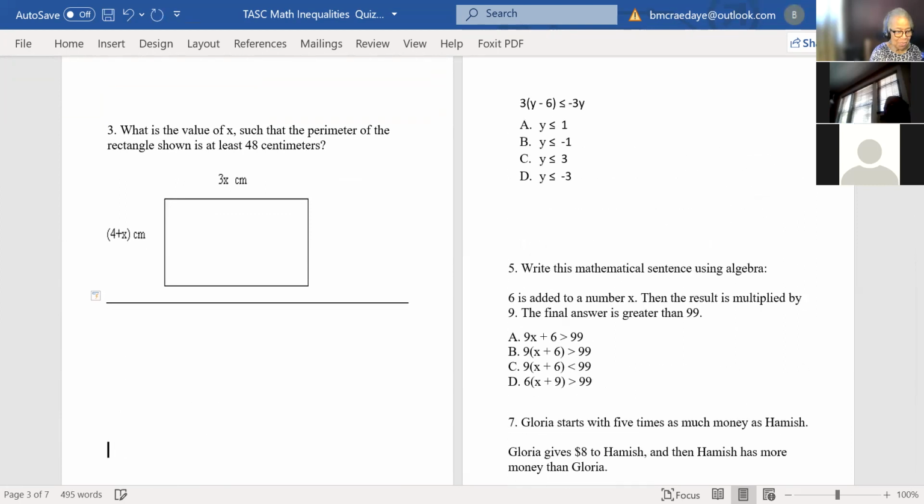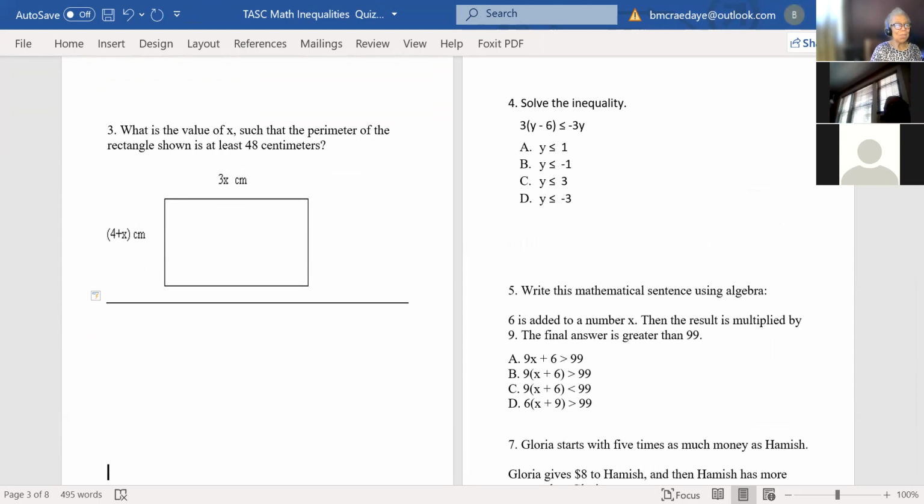Perimeter is 2 times length, that's right, plus 2 times breadth. That's it, you got it.